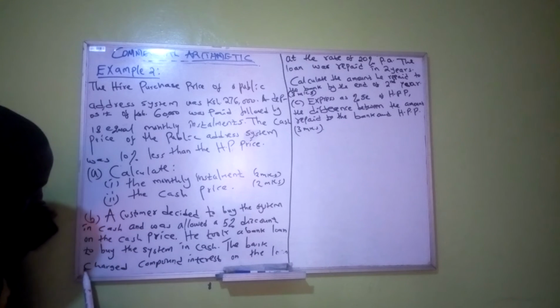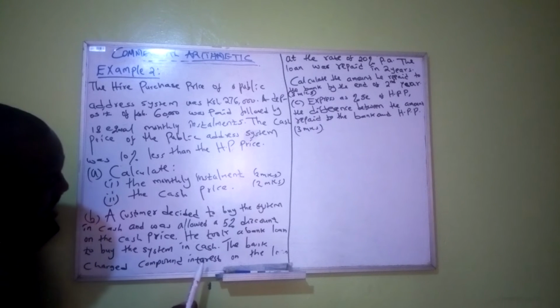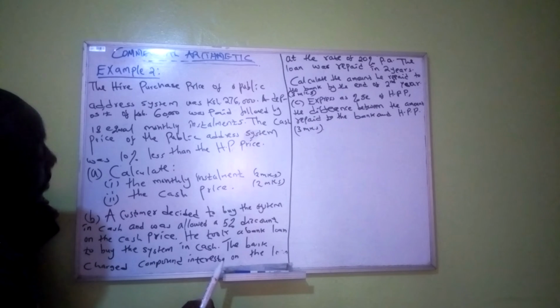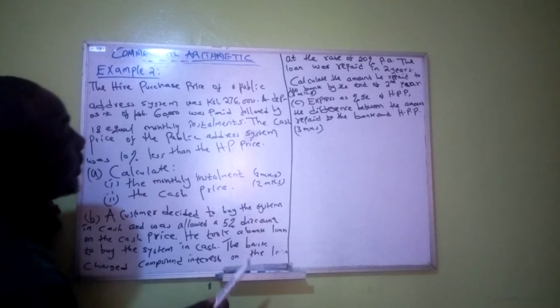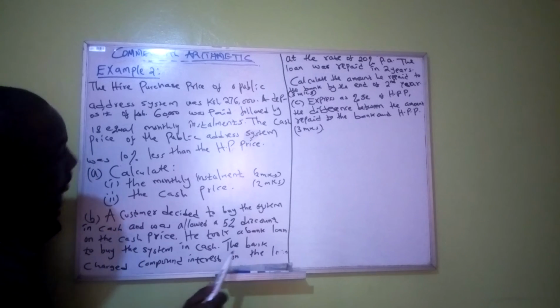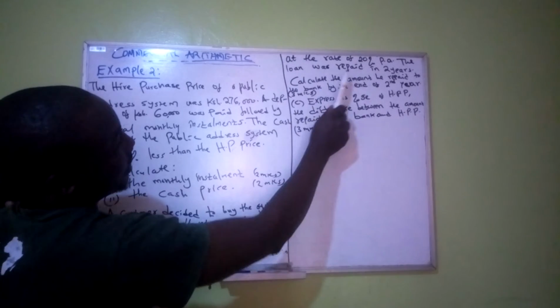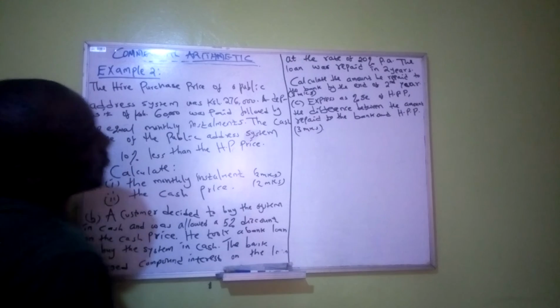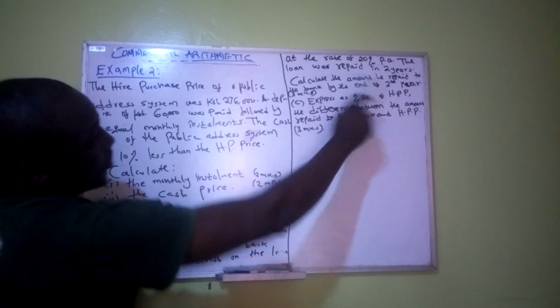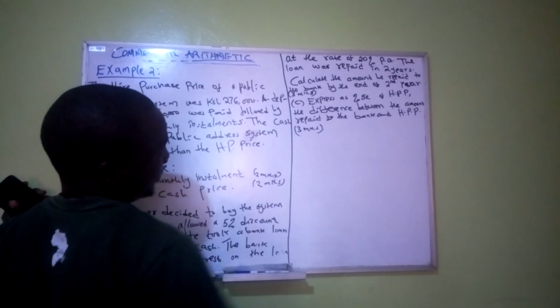The bank loan was charged compound interest on the loan at the rate of 20% per annum. The loan was repaid in 2 years.